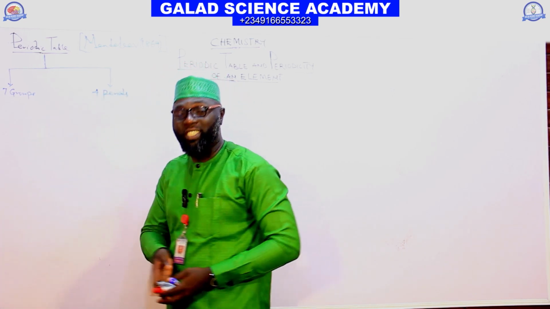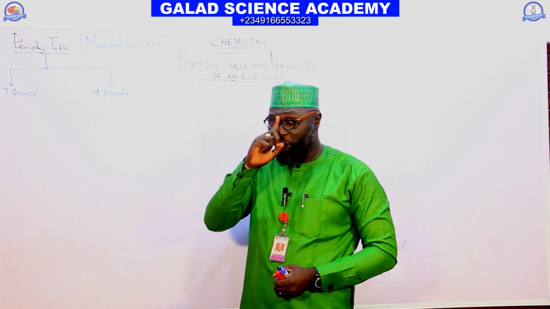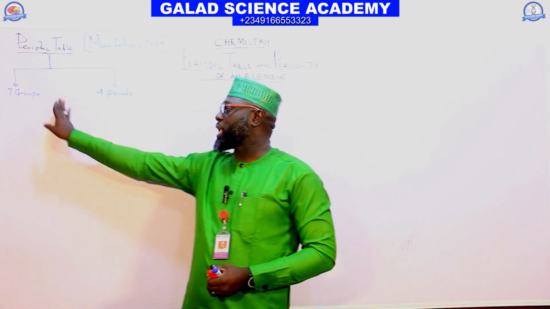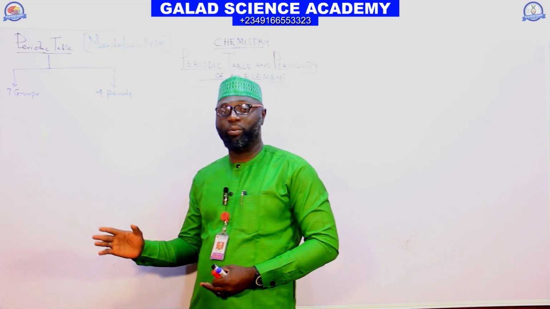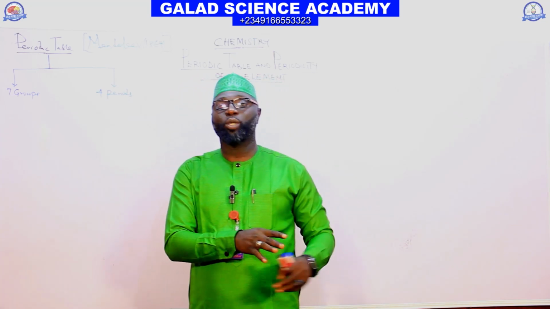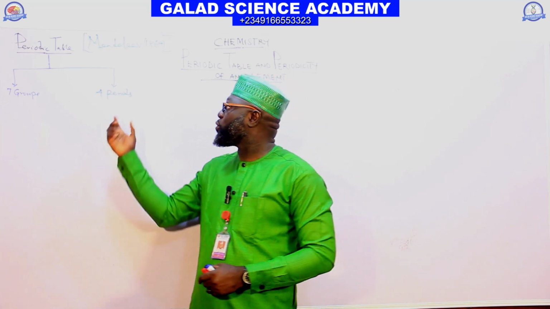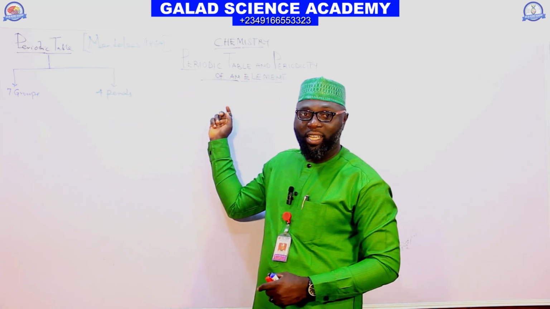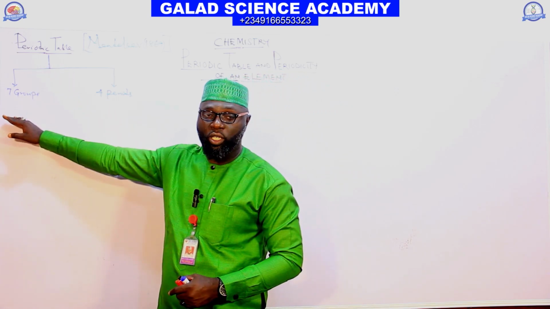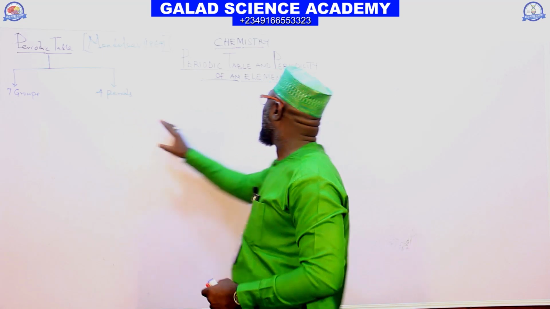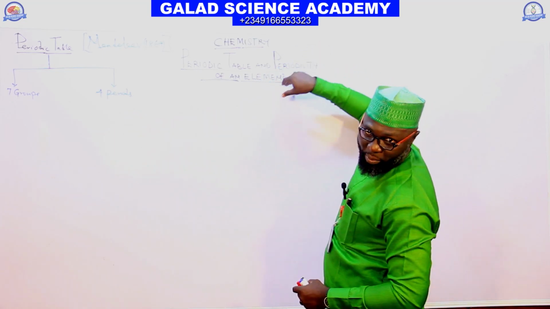I'm talking of the basic periodic table, the periodic table that is comprised of just 20 elements. We have the basic periodic table and we have the standard periodic table. But for this class, I will use the basic periodic table to explain the periodicity of an element.